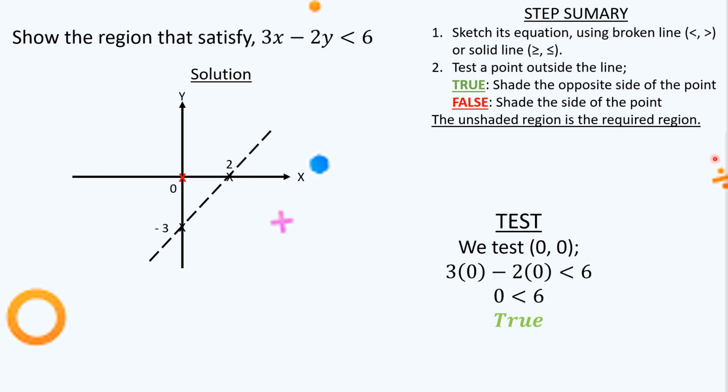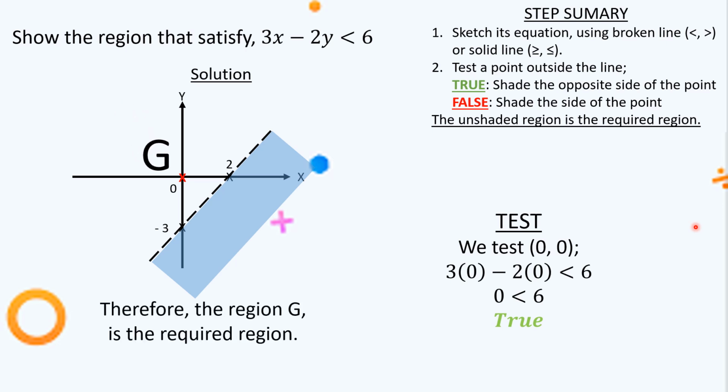Since it's true, what do we say? By the algorithm here, which says if it's true, we shade the opposite side of the point. This is where we have our point, so the opposite side of the point will be this part here, shaded as you can see, this blue region. Then we give it a letter, say G, and write that therefore the region G is our required region.